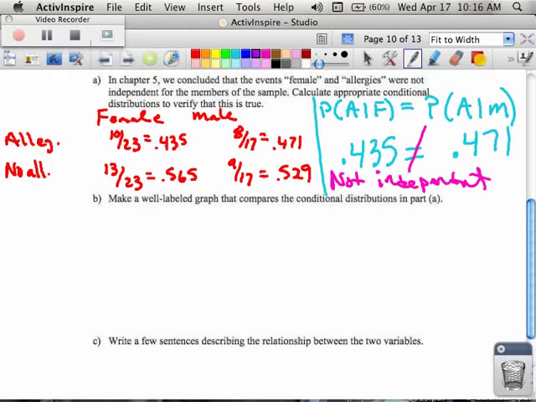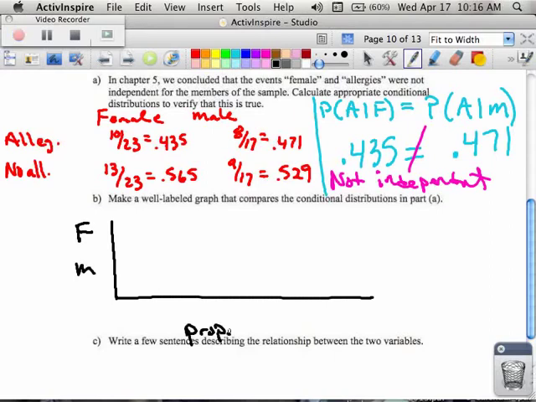All right, so the next thing that we're going to talk about is making a well-labeled graph of these conditional distributions. I guess we could do something like the following. We could do female, male, and then down here would be the proportions. We know that they have to total 1 when we finish.